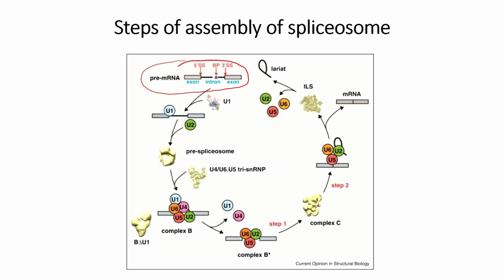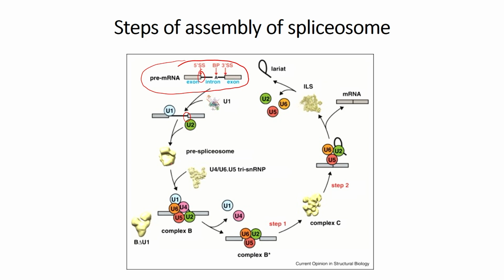First, certain RNPs are added. U1 is added at the beginning of the intron, that is the 5' splice site. U2 is added towards the end, that is the 3' splice site. These two are added. These proteins also have protein-protein interaction.